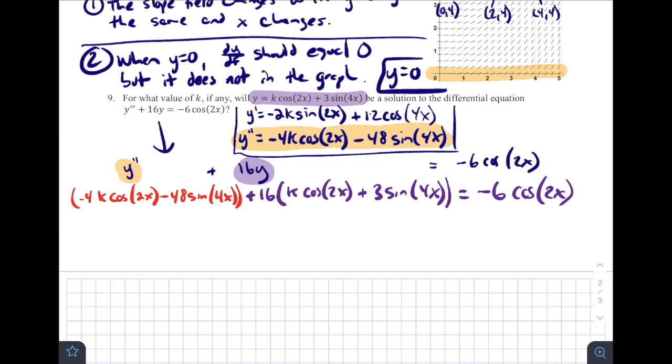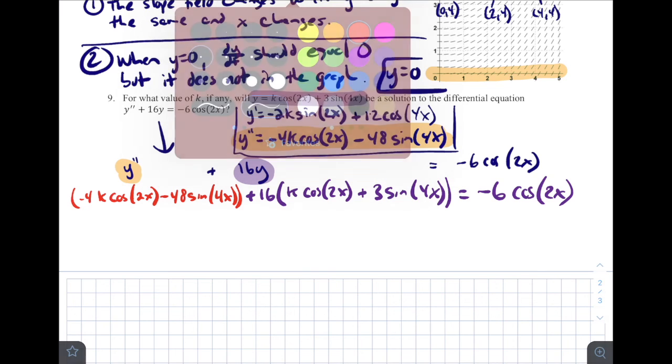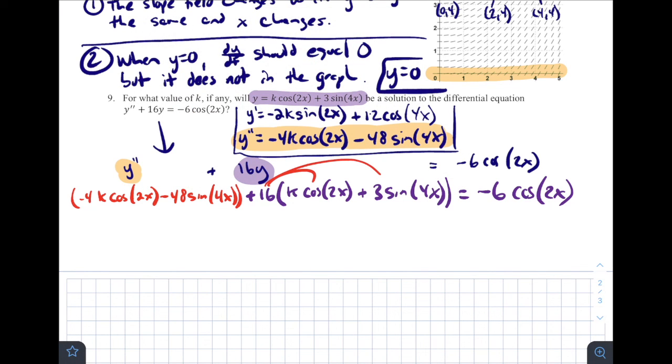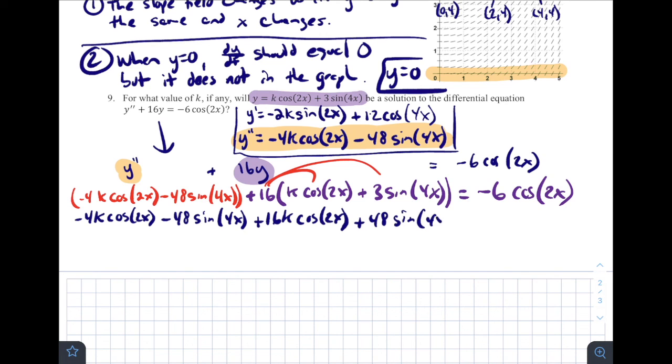What I'm going to do next is distribute. Looks like here that this 16 can multiply both of these terms. If we do that, we've got negative 4k cosine of 2x minus 48 sine of 4x plus 16k cosine of 2x plus 48 sine of 4x is equal to negative 6 cosine of 2x.